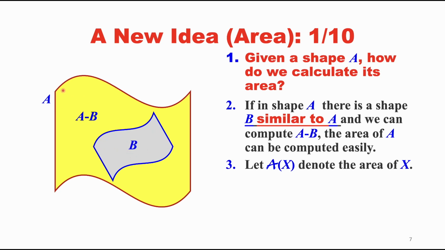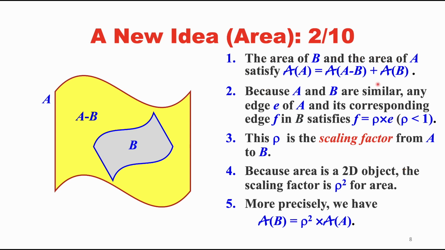Outside of B and inside of A, we have A minus B. We shall use A of X to denote the area of X. So the area of B and the area of A satisfy this. That is, the area of A is the sum of the area of B plus the area of the complement of B, and that is A minus B.